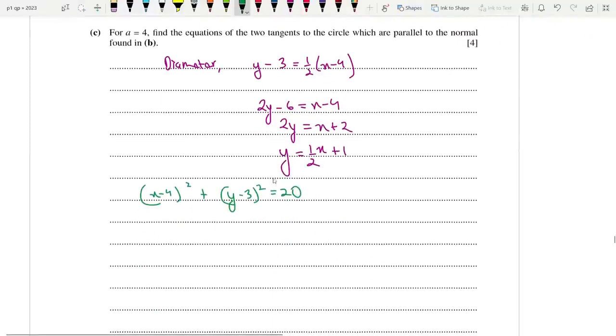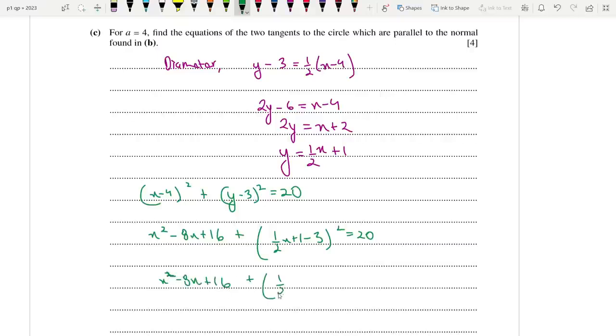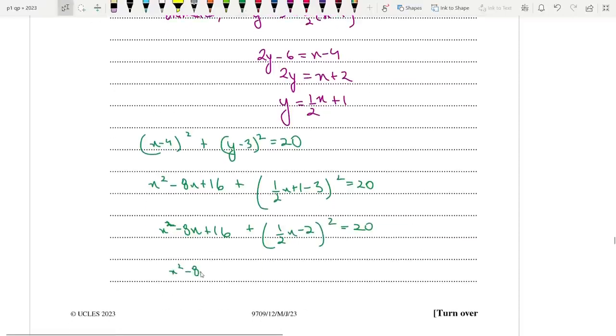Now I'm going to input y equals half x plus 1 inside. So x square minus 8x plus 16 plus (half x plus 1 minus 3) whole square equals 20. X square minus 8x plus 16 plus (half x minus 2) whole square equals 20, or x square minus 8x plus 16 plus 1 by 4 x square minus 2x plus 4 equals 20.